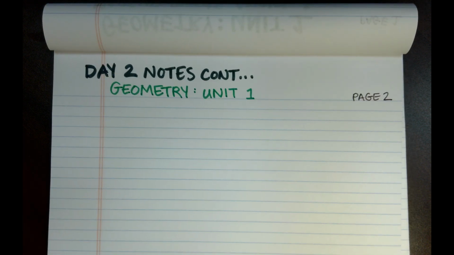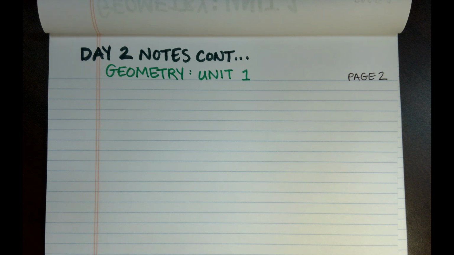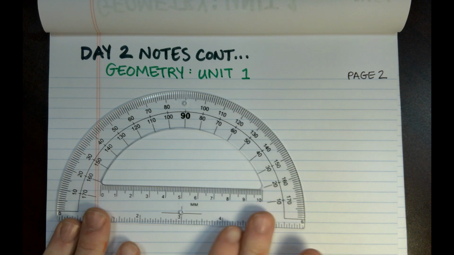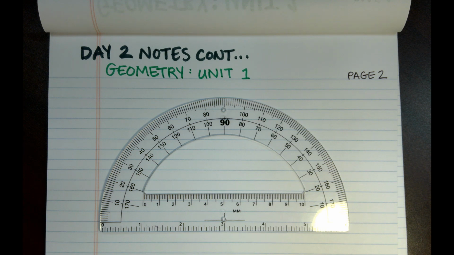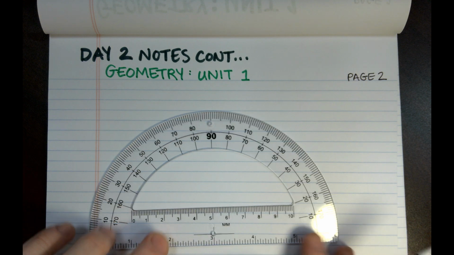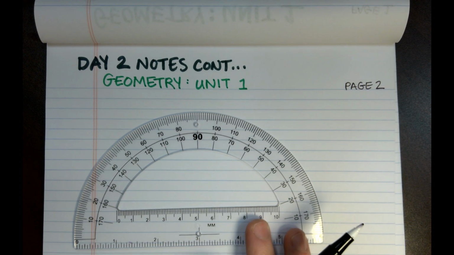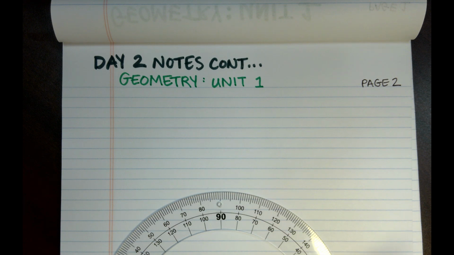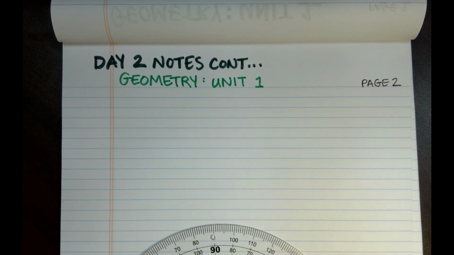What I would like for you to do at this point is take your protractor and put it on your paper. We're going to use it and we're going to draw some angles together. We're going to construct a few angles. So we are going to talk about 3 different types of angles.